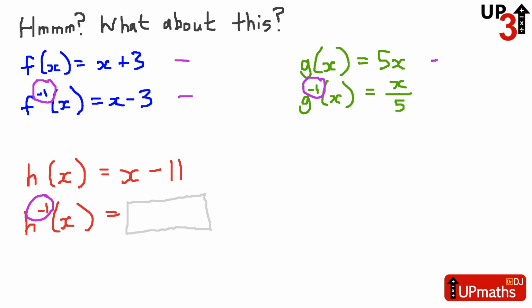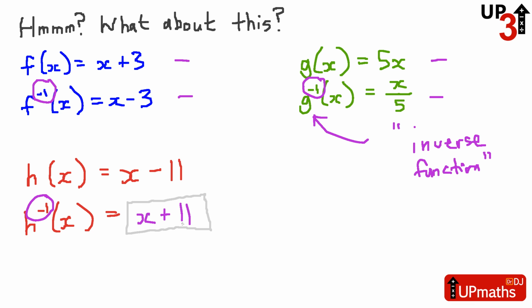I'm timesing by... you have to do the inverse. So in fact, this is called the inverse function. There you go, a bit more vocab. In which case, what's the inverse function of h? That would be x plus 11, because plus is the opposite of minus.